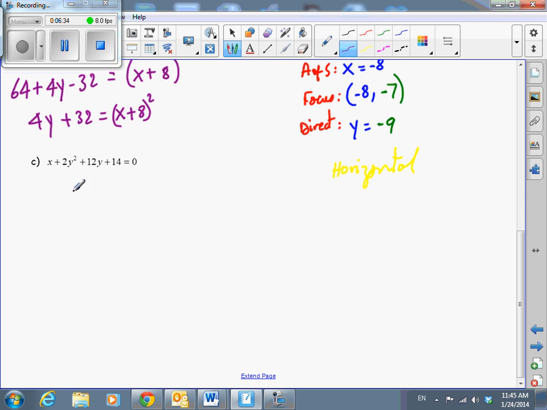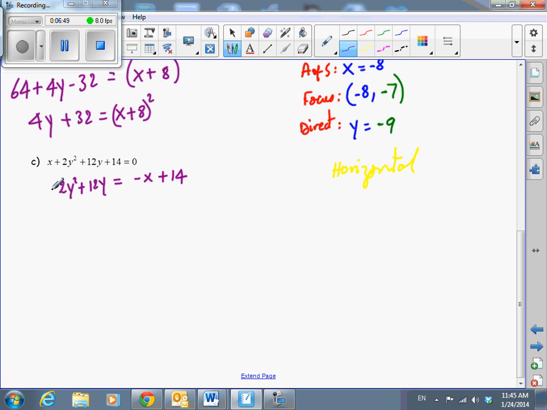So the first step is to get rid of these 2. But I will rewrite it as 2y squared plus 12y is equal to negative x plus 14.